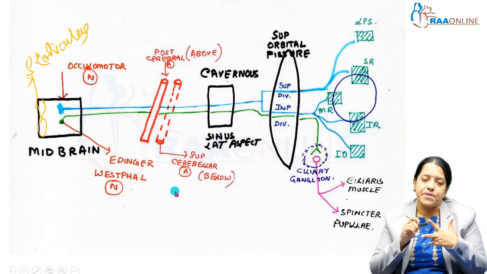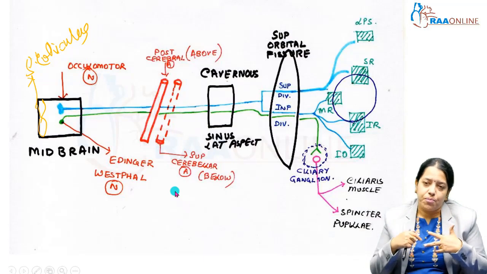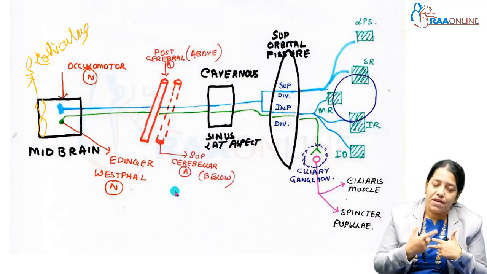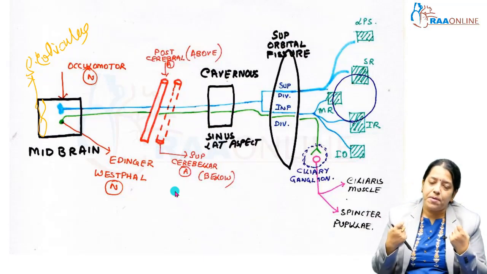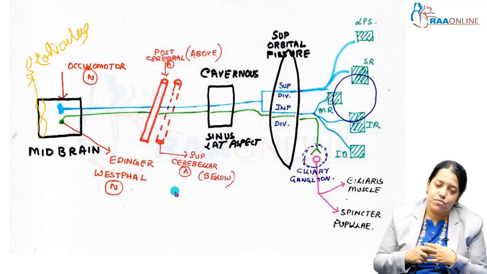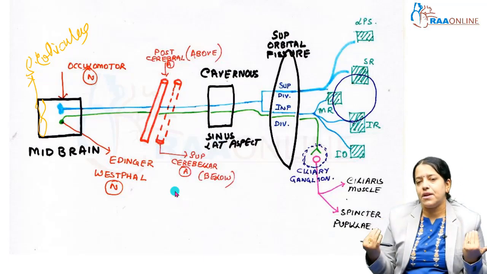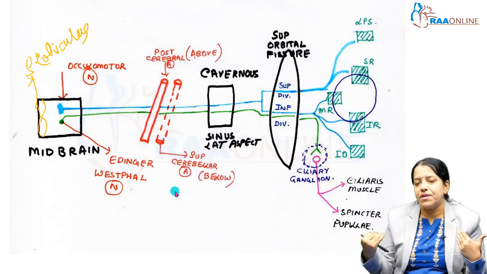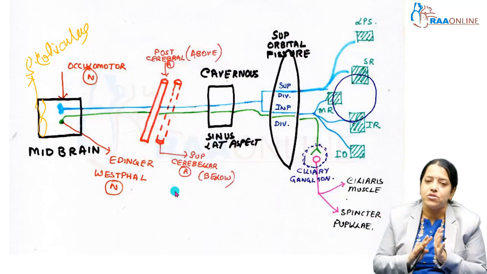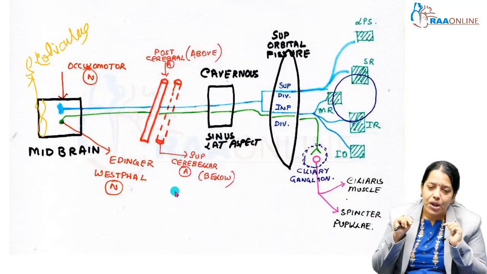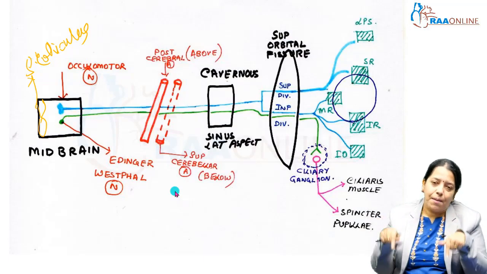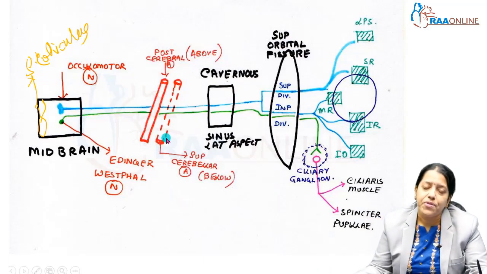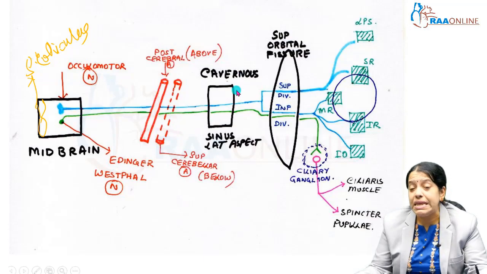Two arteries are present at the upper border of the pons, where the basilar artery has divided into two posterior cerebral arteries, and one of the last branches of the basilar artery is the superior cerebellar artery. So between the posterior cerebral artery and the superior cerebellar artery, this nerve will be passing through.